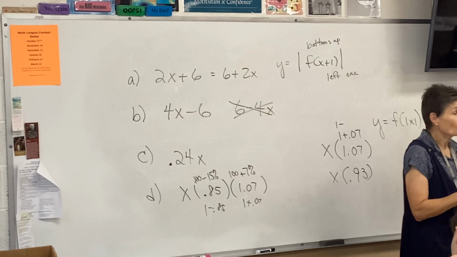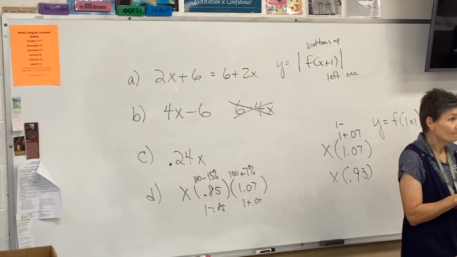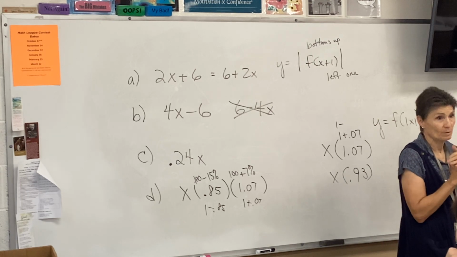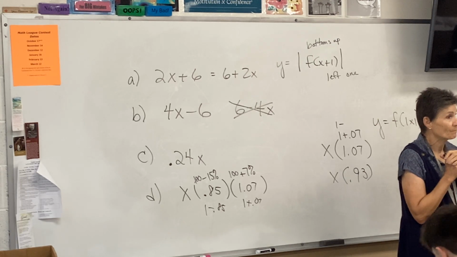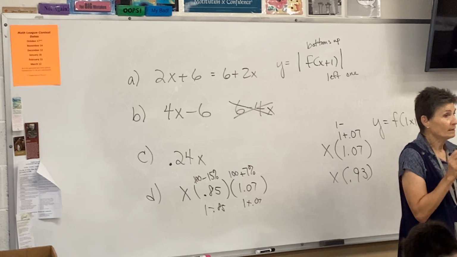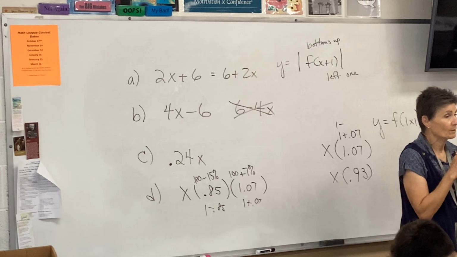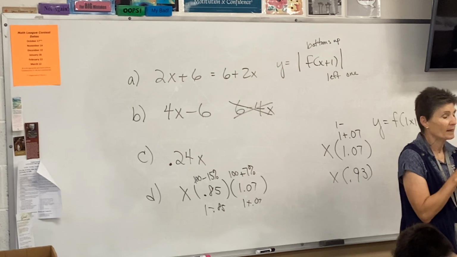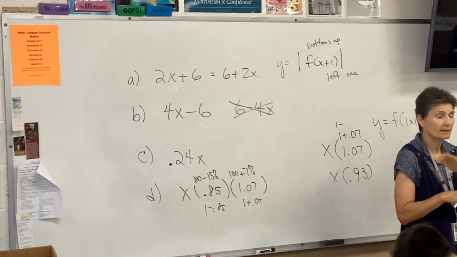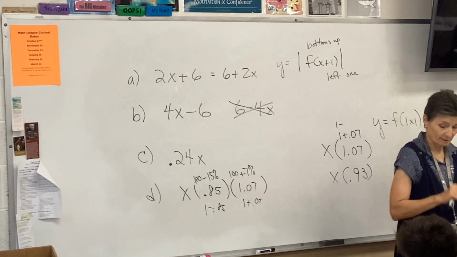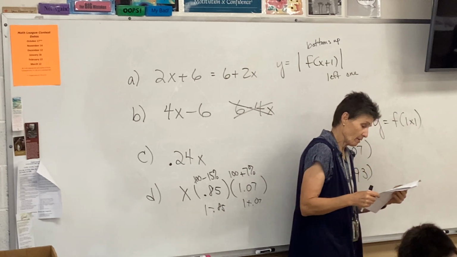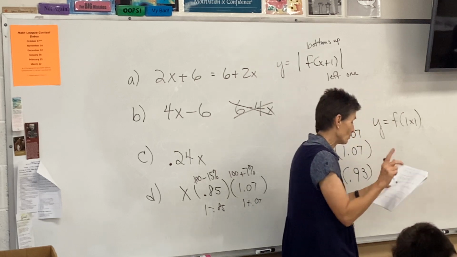So if she's going to take away 7% of my salary, then it's 1 minus 0.07, 0.93 is what I multiply by. This eliminates all the round-off error that you have in multiple step problems. When you start multiplying and subtracting and multiplying and adding, you get some round-off error. This eliminates it. All right, let's skip number 7, F and G, and go down to 8.